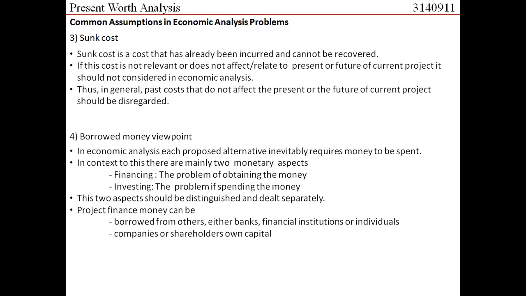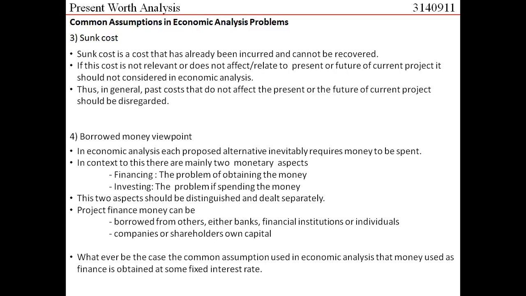some institution. Now, in an economic analysis problem, whether the source of finance is the borrowed capital or one's own capital, we always consider that the money which goes in economic analysis as a finance is obtained at some fixed interest rate.